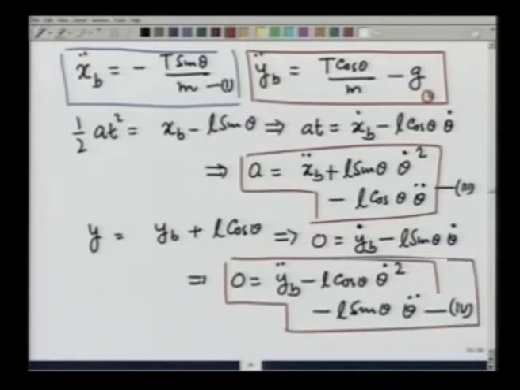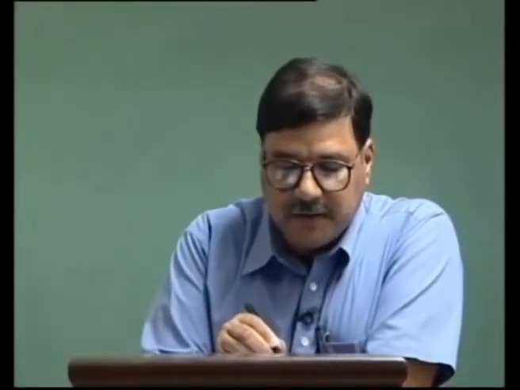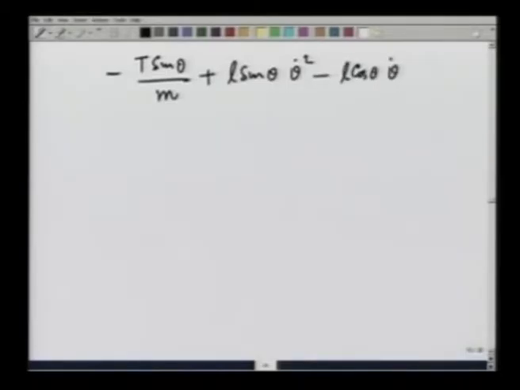Let me substitute for xb double dot in terms of T and yb double dot in terms of T in equation number 3 and 4. And what do I get? I am going to get xb double dot, which is minus T sine theta over m, plus L sine theta, theta dot square minus L cosine of theta, theta double dot is equal to a.